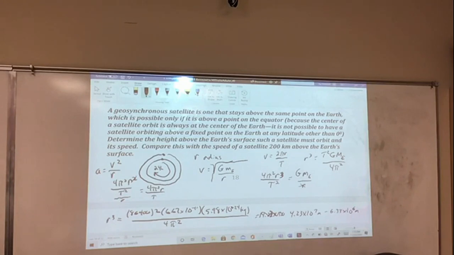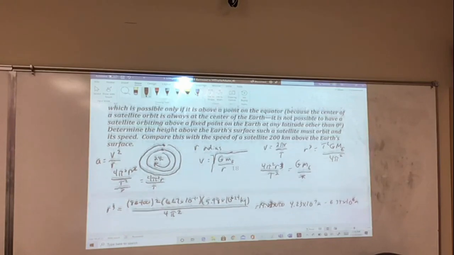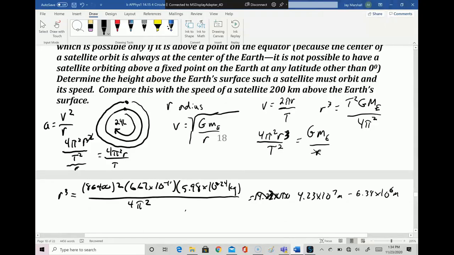And that gives me 35,870,000 meters, or 35,870 kilometers.